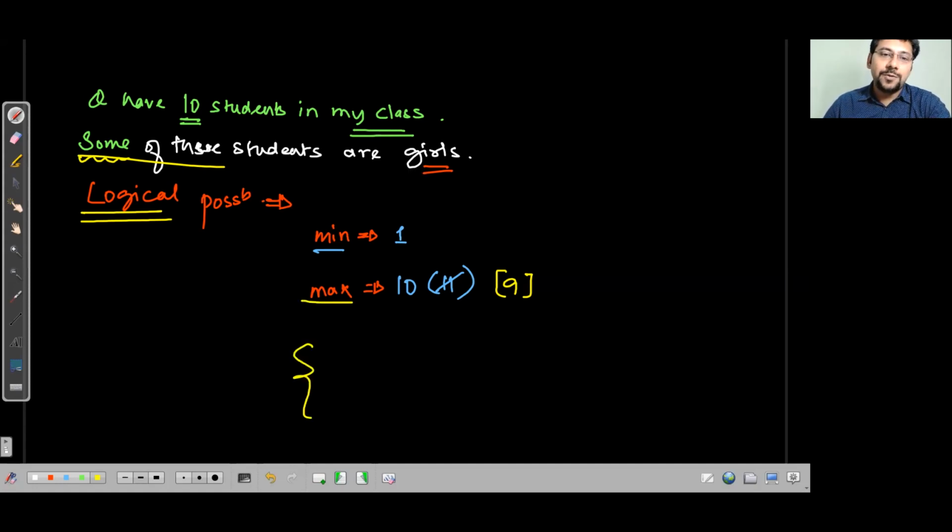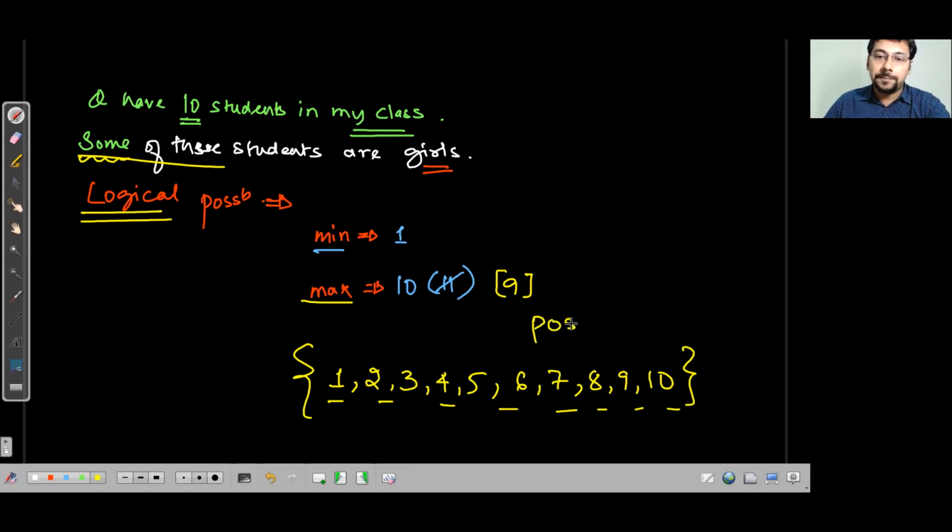So there is a set starting from 1, 2, 3, 4, 5, 6, 7, 8, 9, and even 10, which can be any possibility of girls. Again, understand, I'm not saying certainly that there are 10 girls, but 10 girls being also a possibility is not deniable.